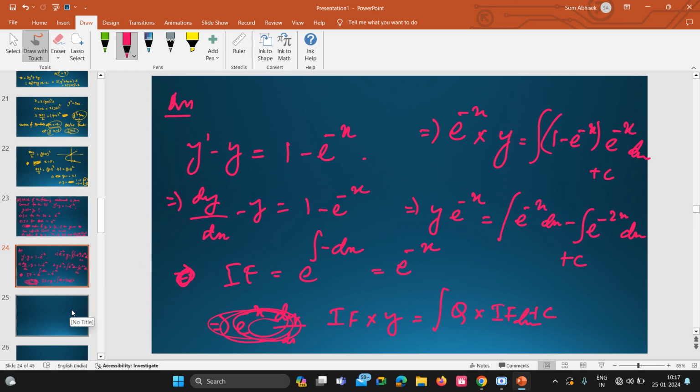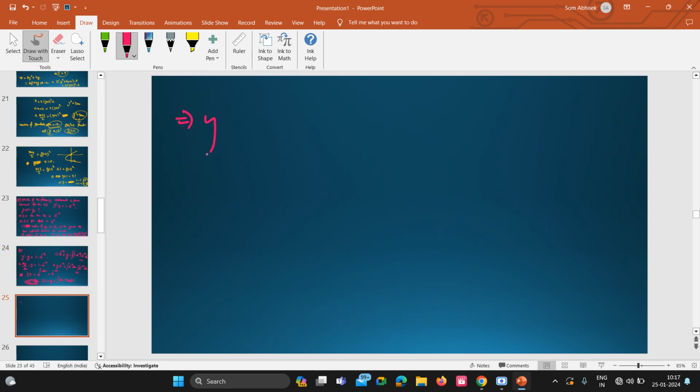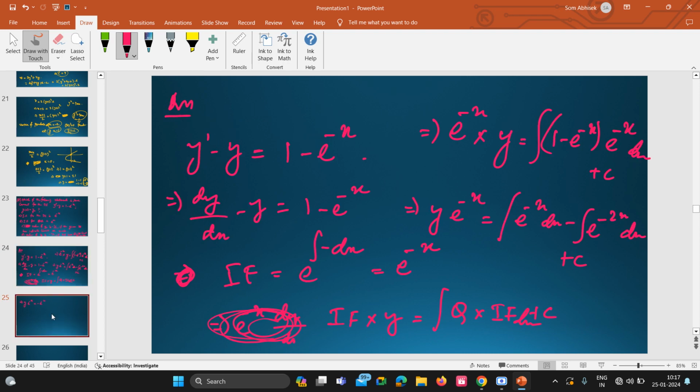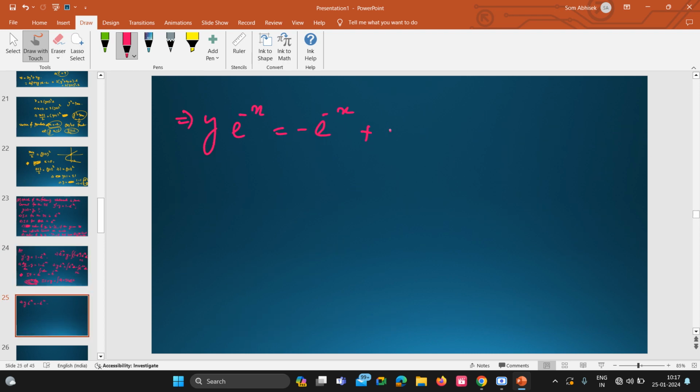If I do the integration, y e to the minus x is equal to minus e to the minus x plus e to the minus 2x by 2 plus c. Okay, this is the equation.